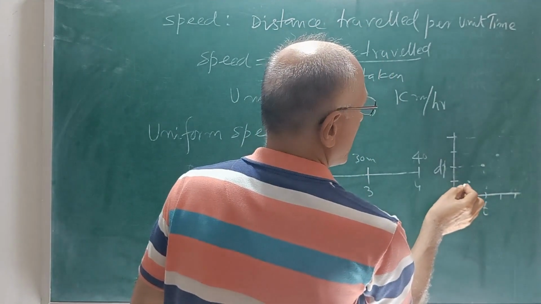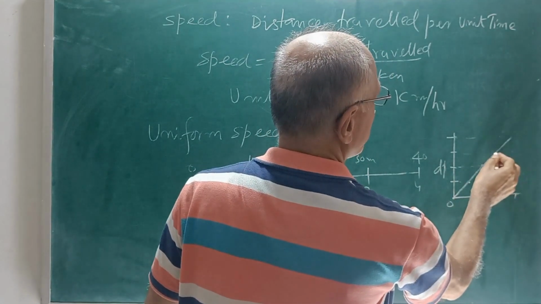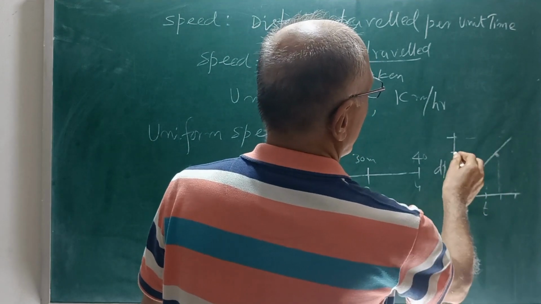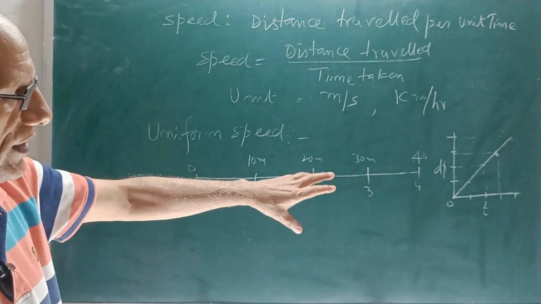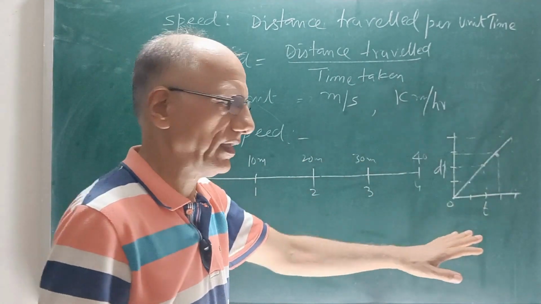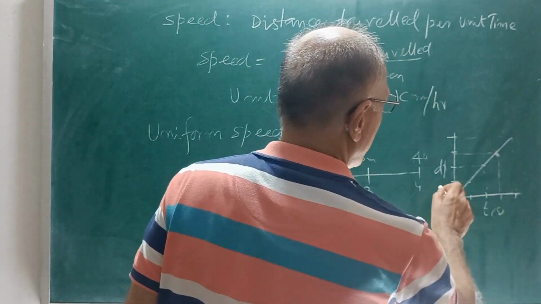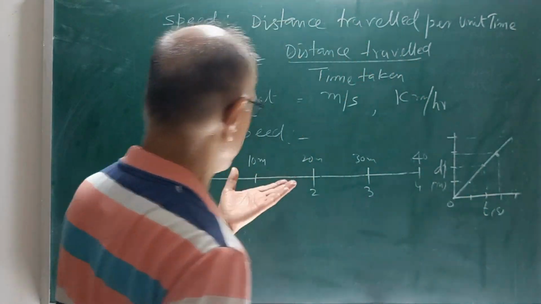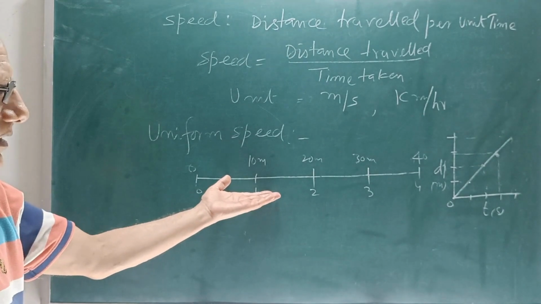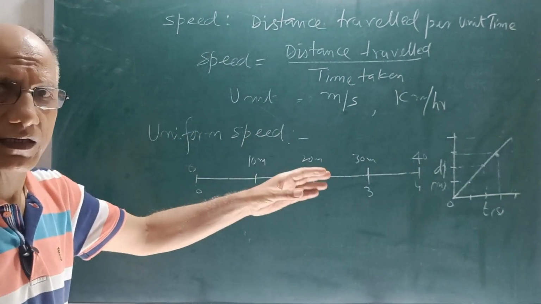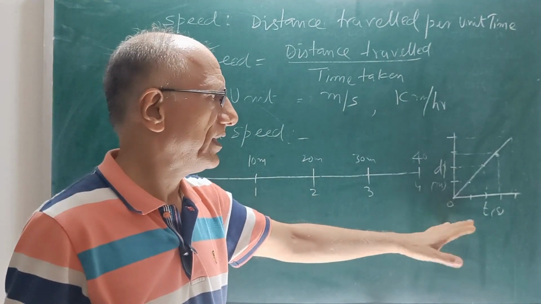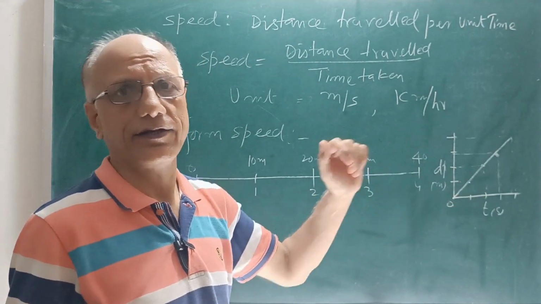So you will get a straight line. The graph between distance and time, with time in second and distance in meter, as in the example we have taken. So for uniform speed, the distance-time graph is a straight line.